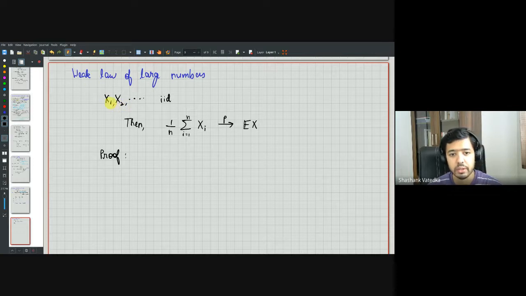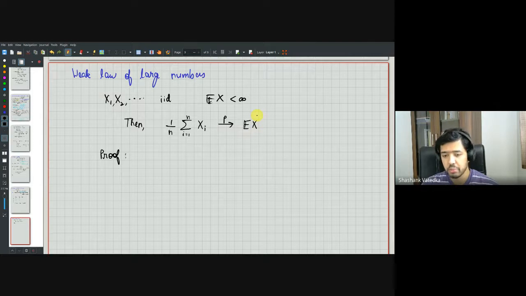But in particular, if x1, x2, and so on is a sequence of random variables which are IID and have a finite mean, then the sample mean, 1 over n summation i going from 1 through n of xi, converges in probability to the expectation of x.